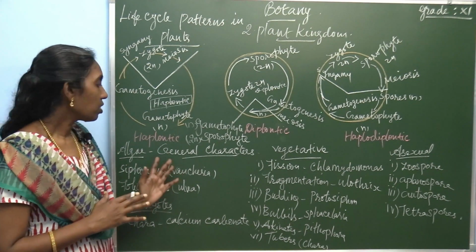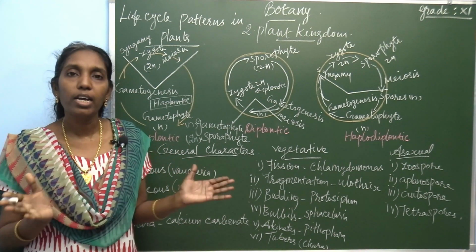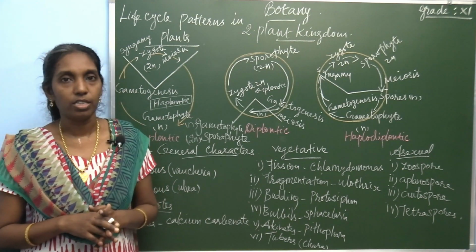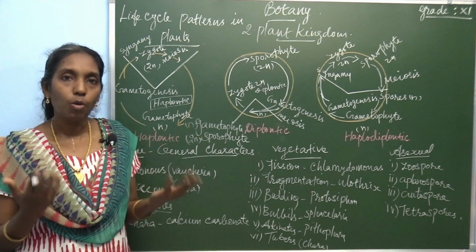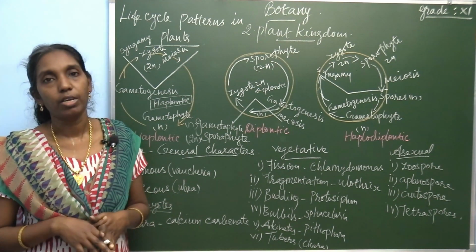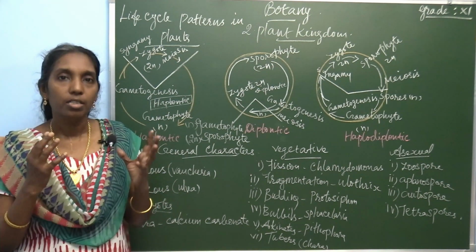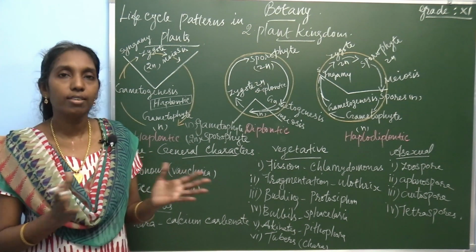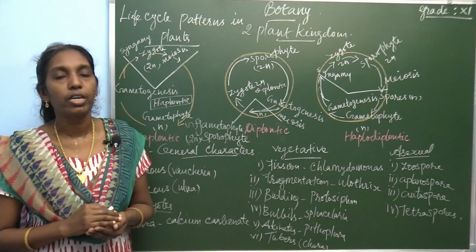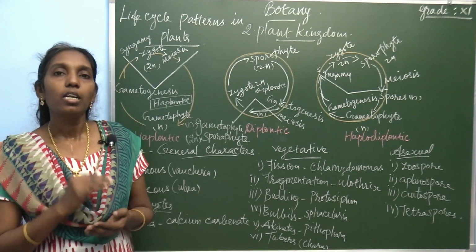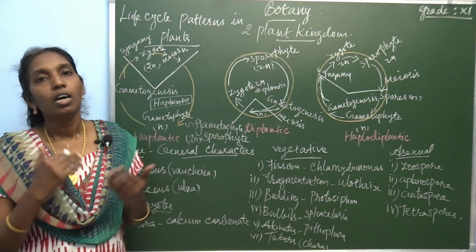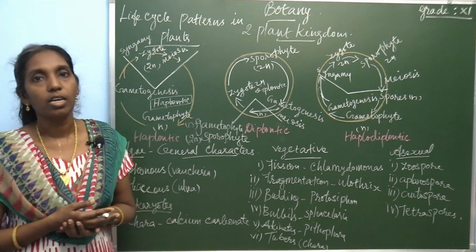The general character of algae is a wide range of thallus organization. Freshwater as well as marine water algae are available, and the thallus is organized into several types: unicellular motile, unicellular non-motile, colonial motile, colonial non-motile, branched filamentous and unbranched filamentous algae.